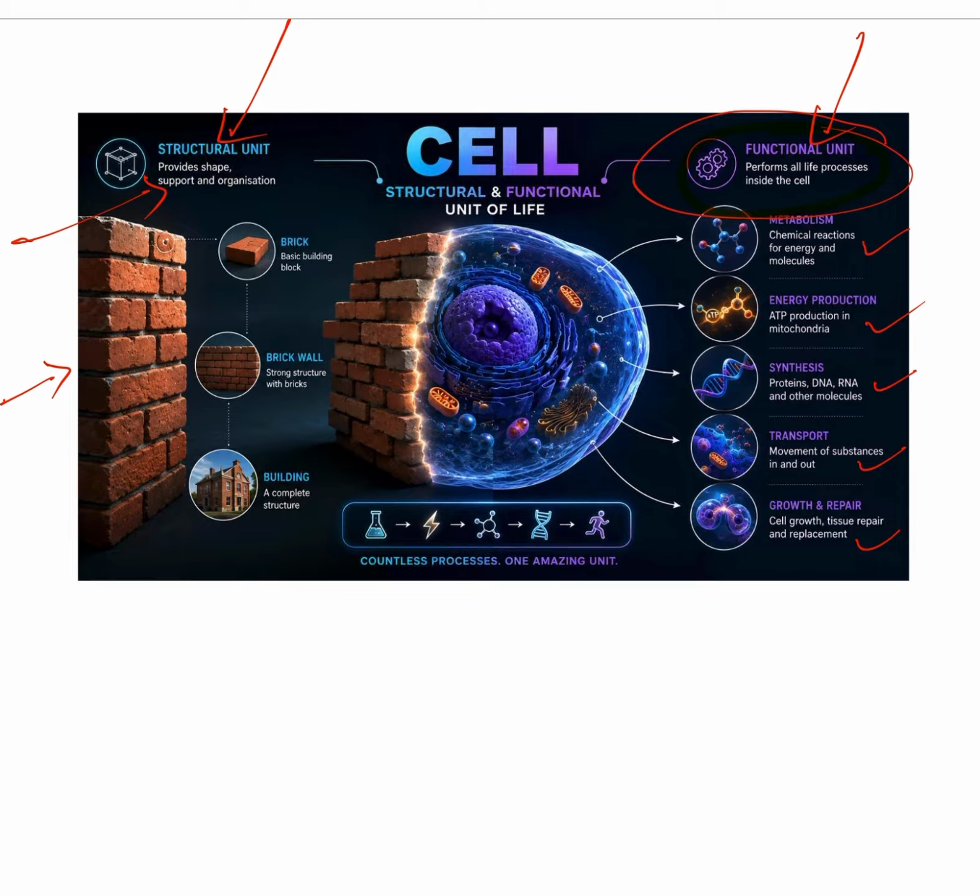All these things are happening inside our body continuously, and that's why we are alive. But all of this happens at the cellular level. That's why rightly we can say that the cell is the structural and functional unit of life.